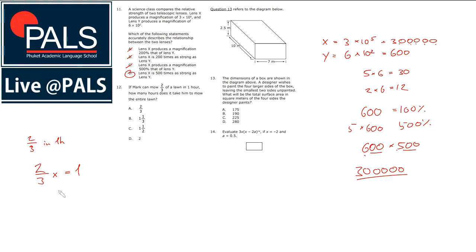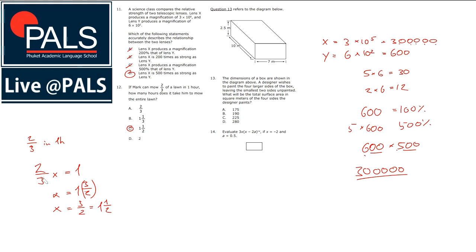So we're looking for x. So that means we need to bring the 3/2 over to the other side, and if we, in an equation, we multiply here, this we divide, so we basically flip that. 1 times 3/2, and 1 times 3 is 3, 1 times 2 is 2, so x is equal to 3/2, which is the same as 1 and 1/2, which is answer C, 1.5 hours.